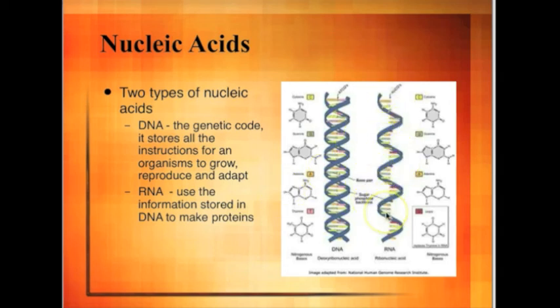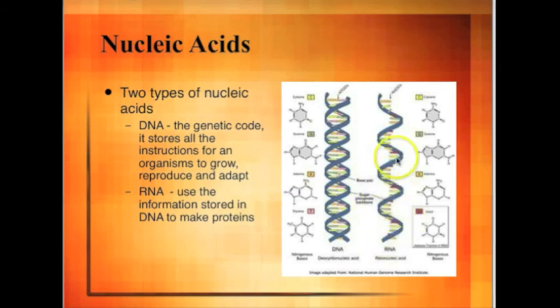It actually uses the information that is stored in the DNA, it makes a copy of it, and then this is what leaves the nucleus of the cell and will be read and made into protein. So basically, this will be the copy that is able to exit the nucleus and go out into the cell, so that your body can make the copies of proteins that it needs in order to carry out all life functions.